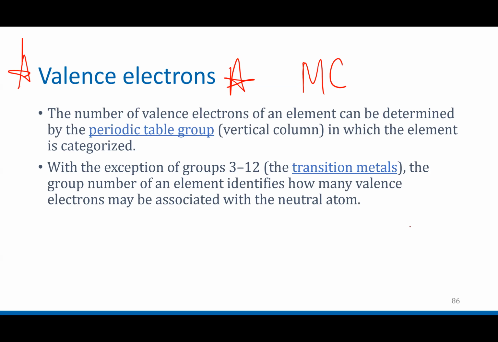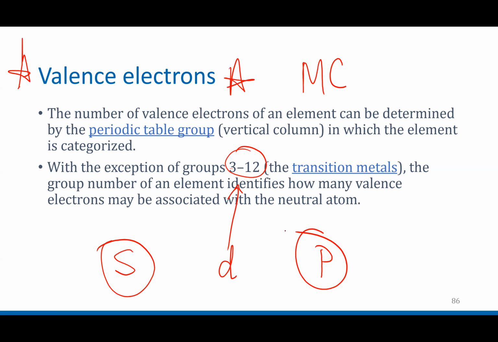It doesn't work for the transition metals, but it does work for the S and P groups. The D group is something we didn't really talk about. For chemistry 1120, S and P are the groups we mostly deal with.